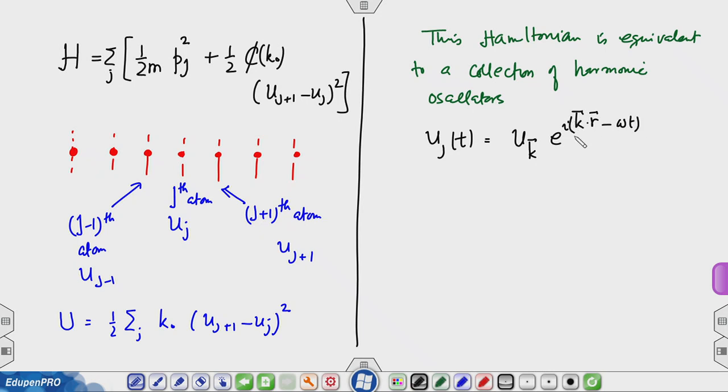And as I said, r is nothing but j times the primitive vector. So, I can write this as u k e raised to i k dot j r 0, and j is not a vector, r naught is a vector, j is the site, minus omega t, and this will be summed over k.